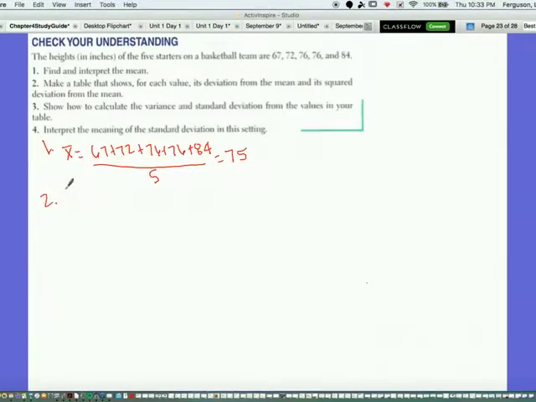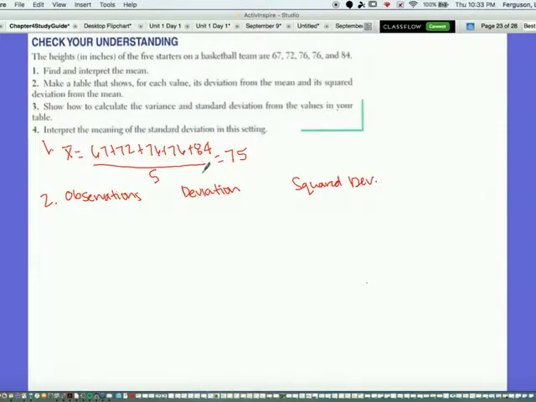For number 2, it says make a table that shows for each value its deviation from the mean and its squared deviation from the mean. So what we would do is make a column for our observations, a column for our deviation, and a column for our squared deviation.